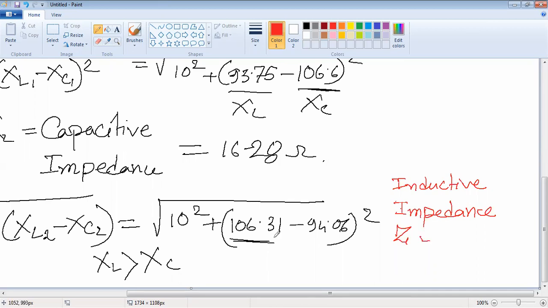Z equal to this, this is 15.81 ohm. Okay, here XL greater than XC, so impedance is inductive. So next we are going to the discussion according to the bandwidth, etc.